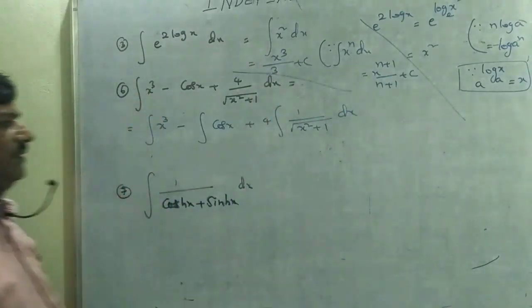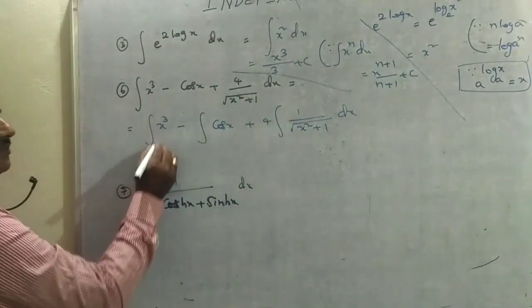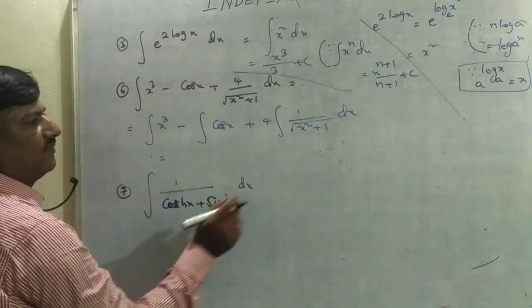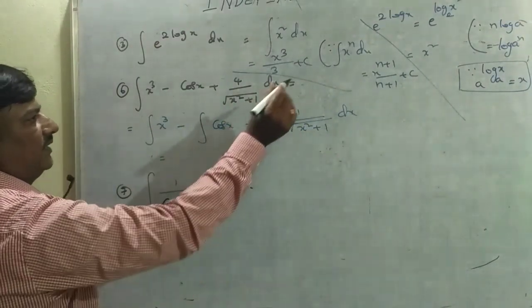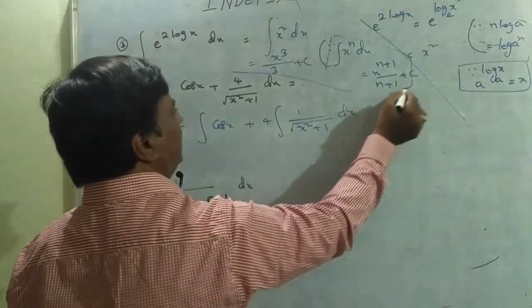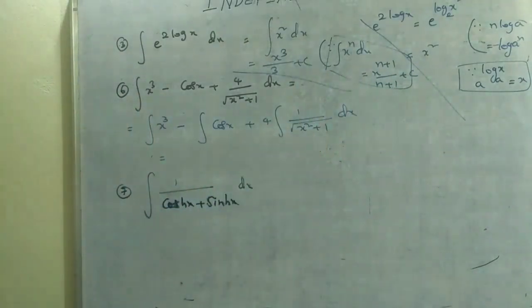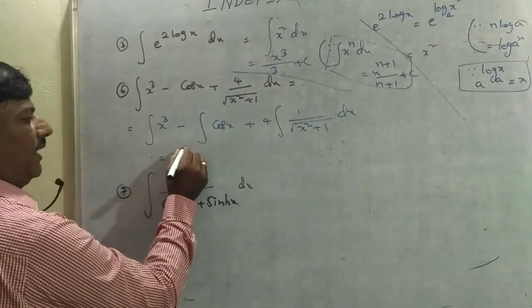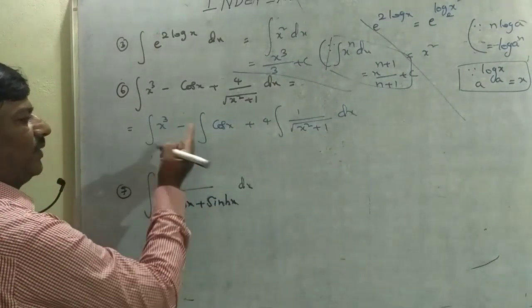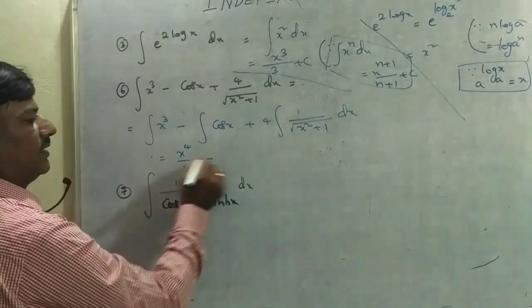Now, for the integration of x power n, x to the power of n plus 1 divided by n plus 1, so we get x to the power of 3 plus 1, that is x to the power of 4 by 4, as the result.